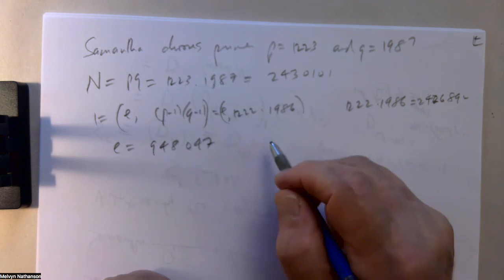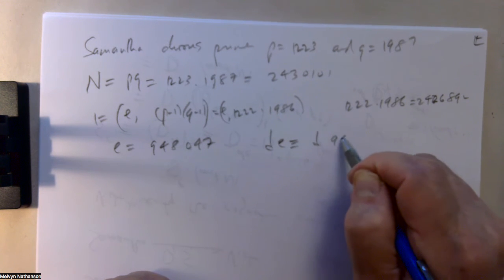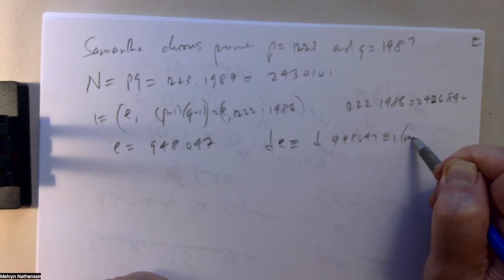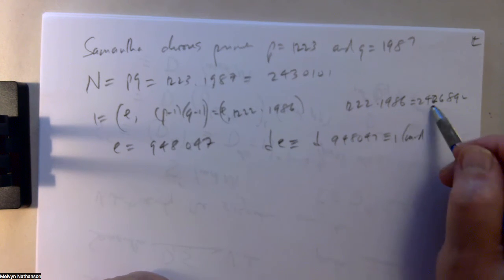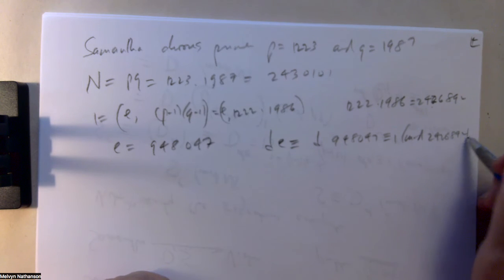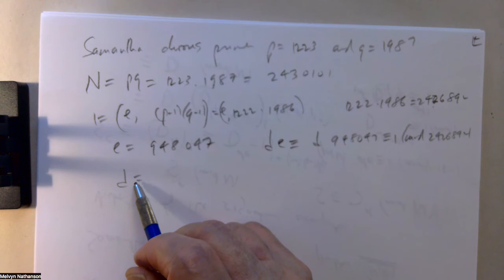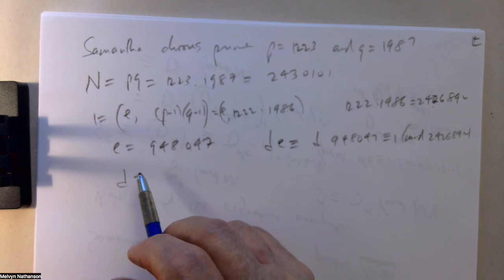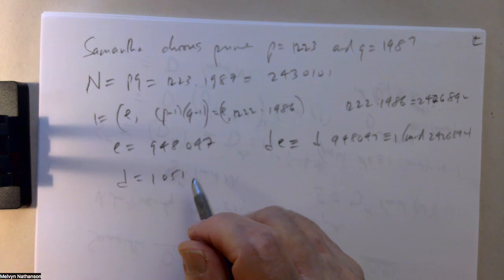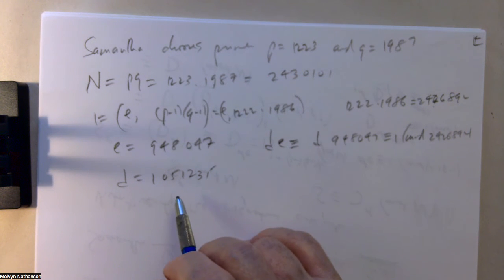And then she solves the congruence DE, which is D times 948,047, congruent to 1, modulo (P minus 1)(Q minus 1), 2,426,892, and finds D equal to 1,051,235.